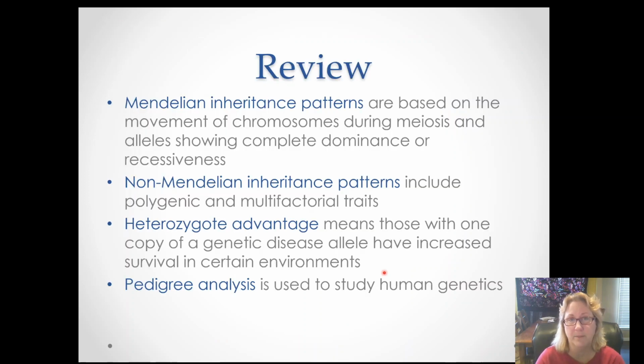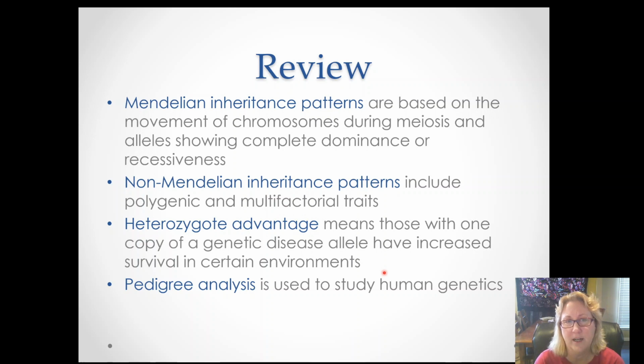Okay, so we talked about Mendelian inheritance patterns in this chapter. We understand Mendel's results now based on how the chromosomes move during meiosis: his law of segregation, the fact that one of each of the homologous pairs of chromosomes goes into each gamete, and independent assortment of the traits that he looked at, which is the result of independent assortment of the chromosomes during meiosis.